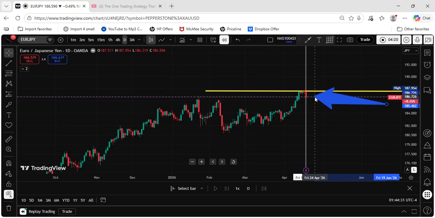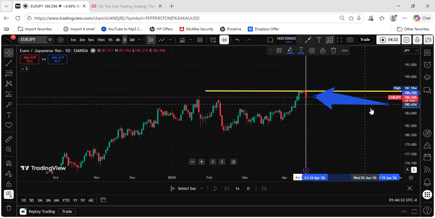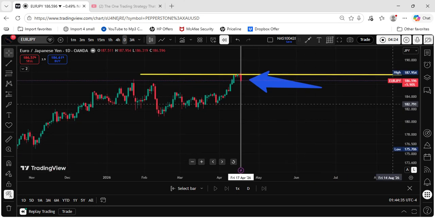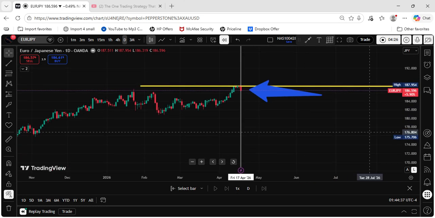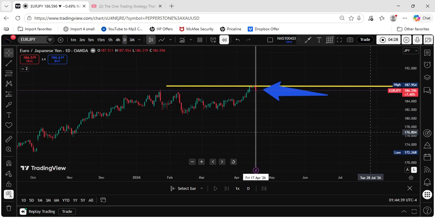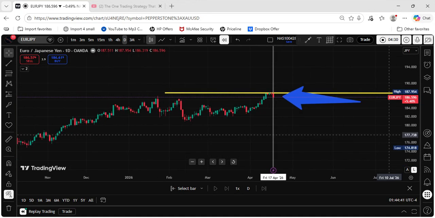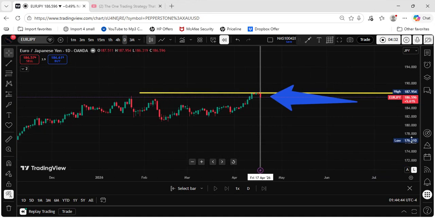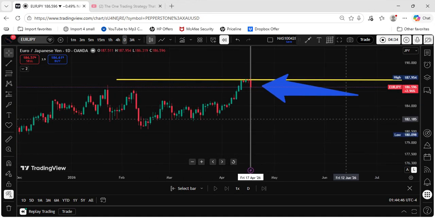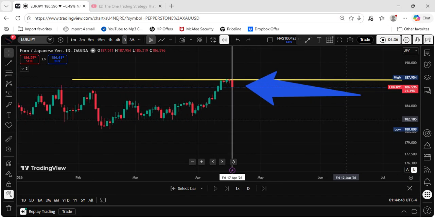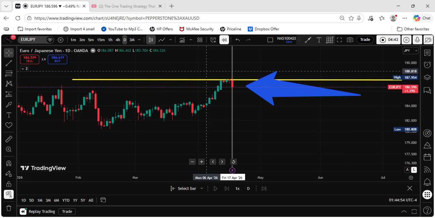So now that we're here at this level, and if you look back at previous videos, you know I've talked about foundation all the time. Again, on the daily, it looks like we've come to a level. This could be a downtrend on a lower time frame. So let's scale down and see.